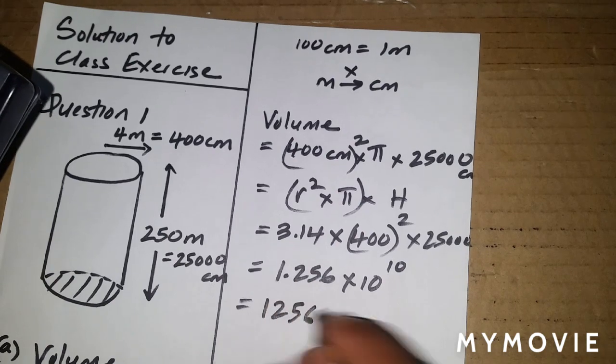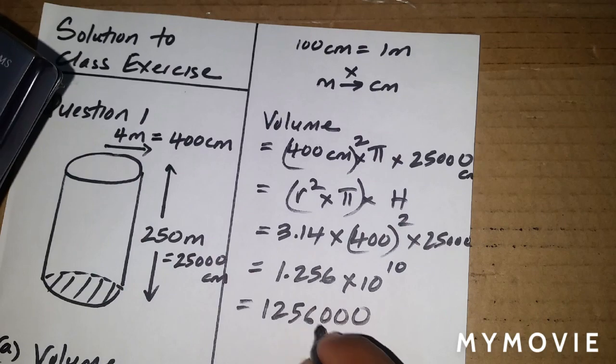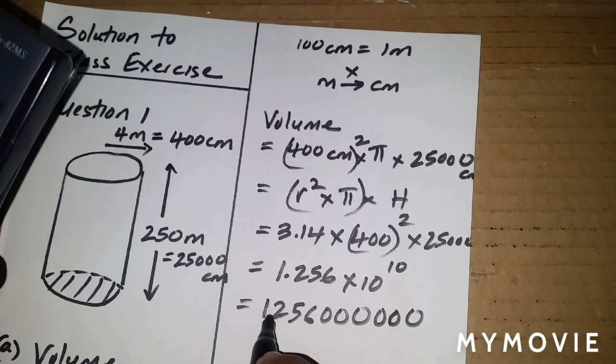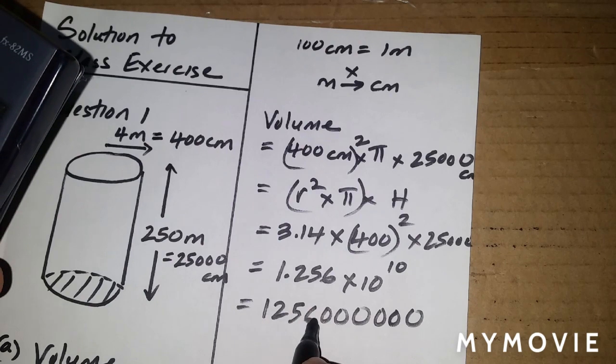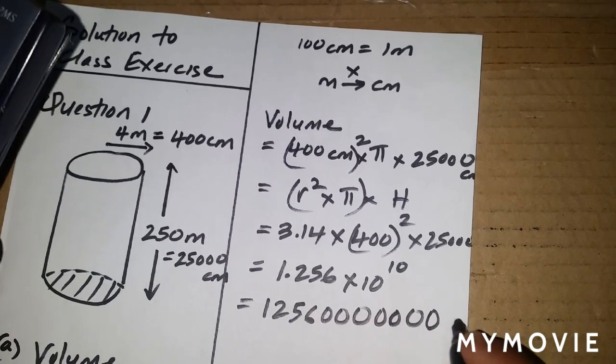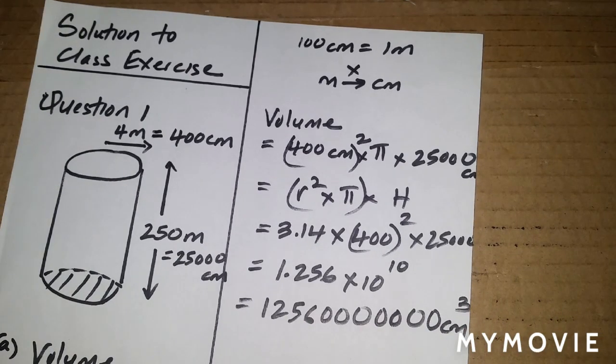So it's 1, 2, 5, 6. Let's check how many we have here now. 1, 2, 3, 4, 5, 6, 7, 8, 9, and 10. So the volume would be that value in cubic centimeters.